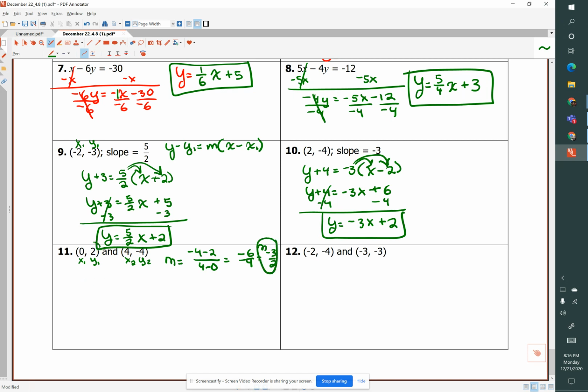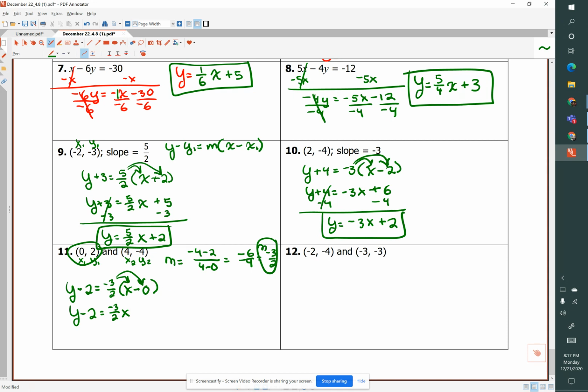Now we'll use that and a point in the point-slope formula. So y minus 2 equals the slope of negative 3 over 2 times the quantity of x minus 0. And when we distribute, we end up with y minus 2 equals negative 3 over 2 x.